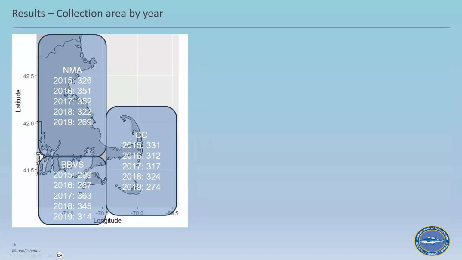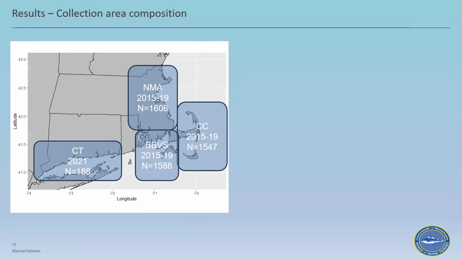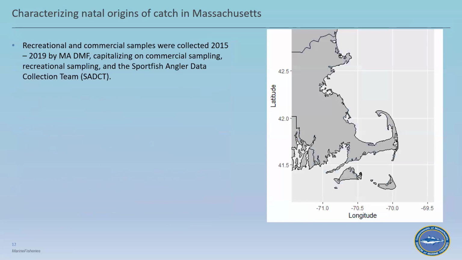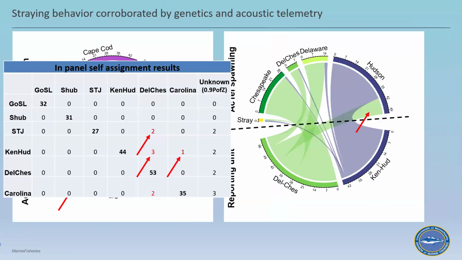Given those high rates of straying, it's really impressive that you're able to differentiate these mixtures. So could it be that the straying individuals are straying only recently, or they're not spawning in these populations? Can you explain that a little more?